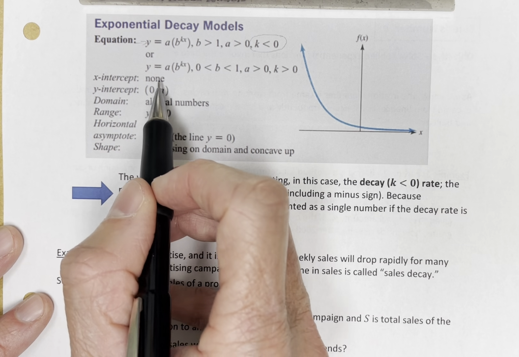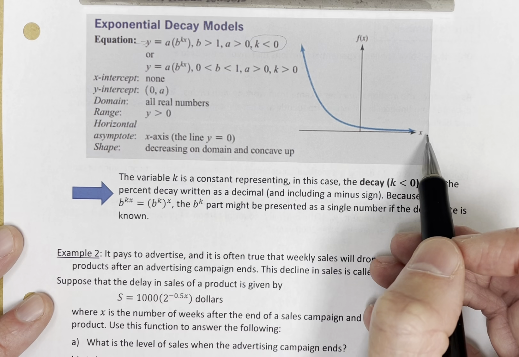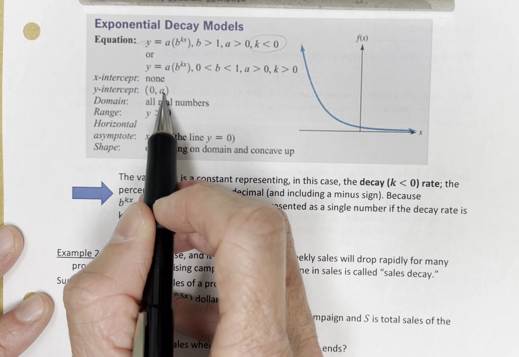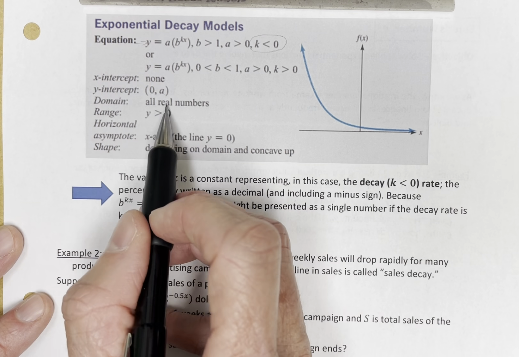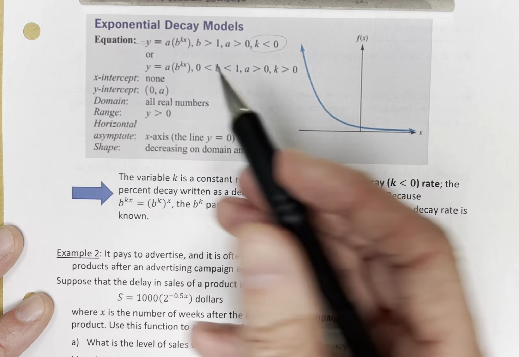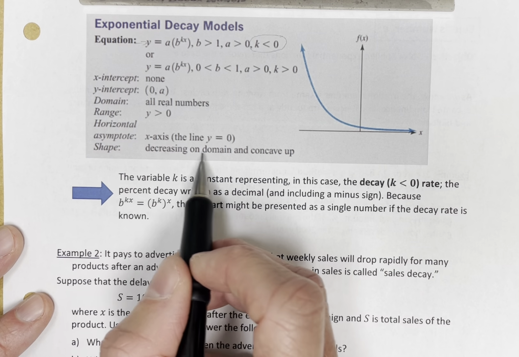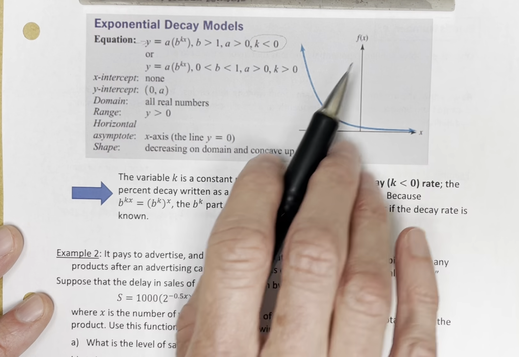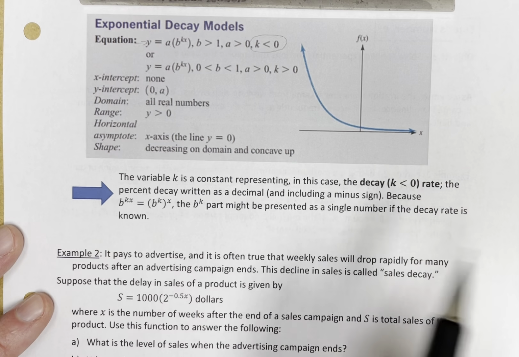We notice that because the x-axis is a horizontal asymptote, we don't have any x-intercepts. We know the y-intercept is the same, 0, a. And domain, all real numbers. The range is always positive. We're always going to have positive outputs. And we're decreasing, and we're still concave up. It still has a curve in which the curve is kind of pointing upwards.